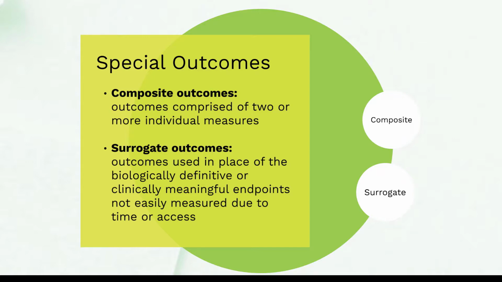If you're looking at surrogate outcomes, this is an outcome that's used in place of a biologically definitive or clinically meaningful endpoint that's not easily measured due to time or access. Something to think about with the surrogate outcome is ultimately in long-term chronic illnesses, the ultimate endpoint would be death from that disease.